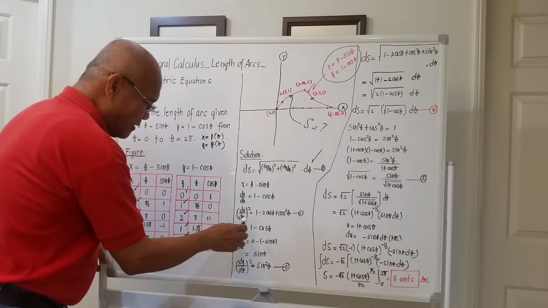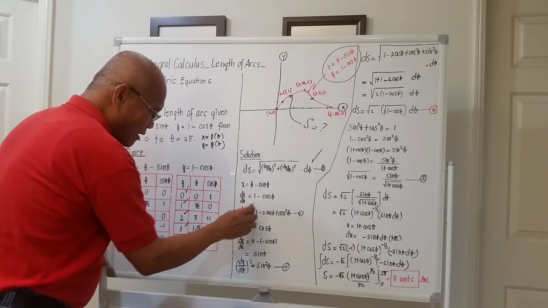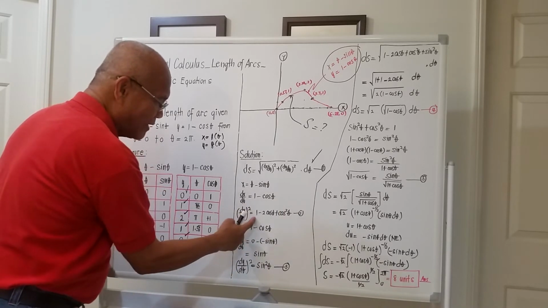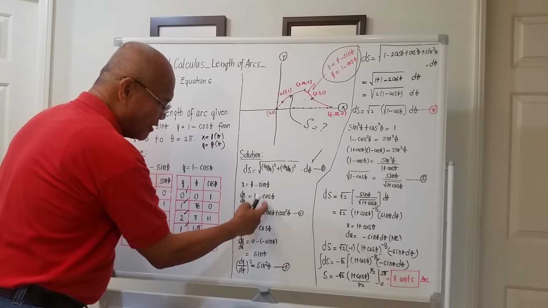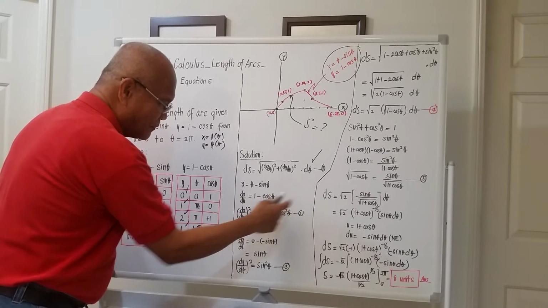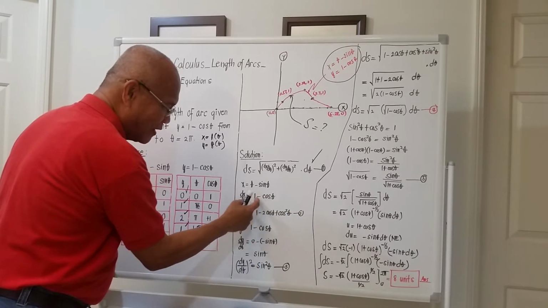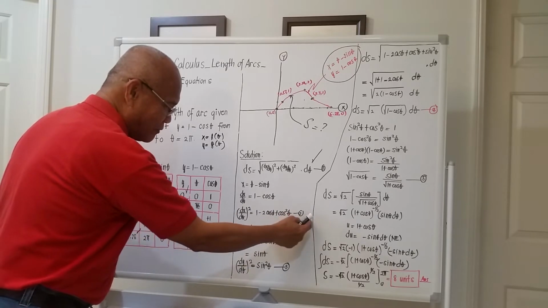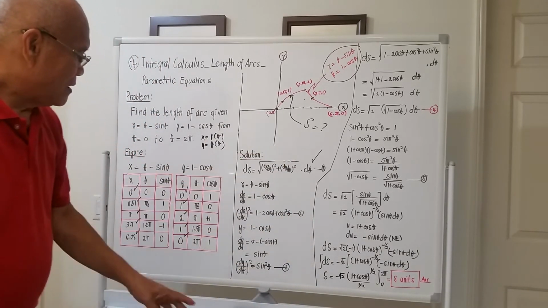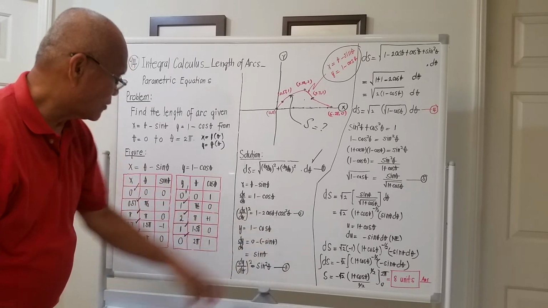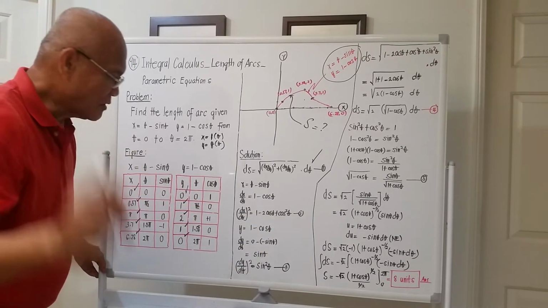Squaring dx over d theta, the square of this, 1. 1 times this is minus cosine times 2. The third part is the square of this one. Negative, negative, this will be plus cosine squared. Equation number 2. For y is equal to 1 minus cosine of theta. Take dy over d theta.